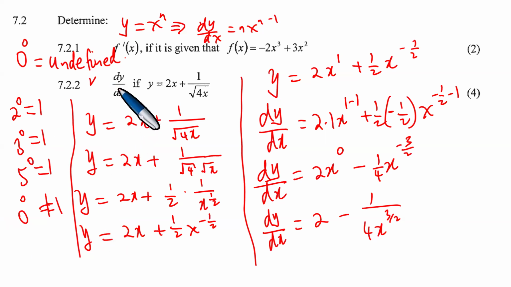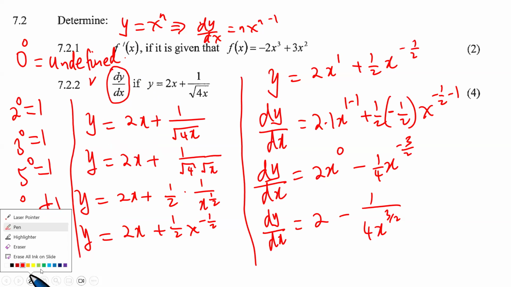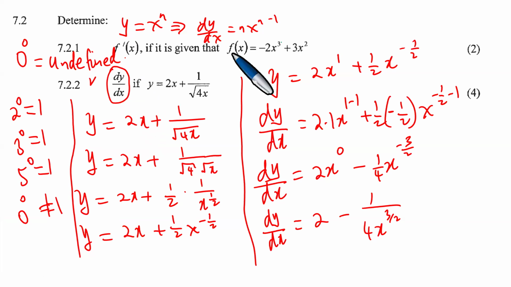And we have found dy dx. The way we read this is at university, because these things are done in detail at university. You read it as dy dx, and it is not dy over dx.